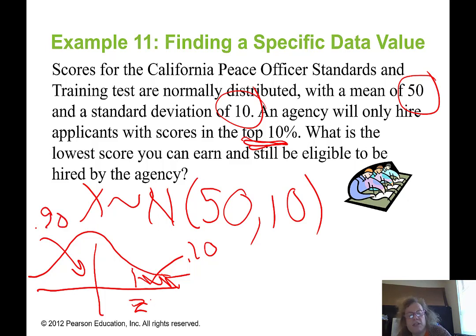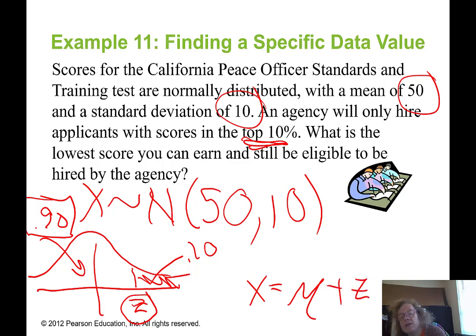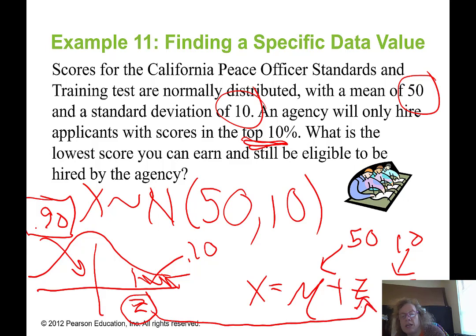So we're looking for the z-score such that the cumulative probability below it is 0.90. Once we have that, then we know what we need to do. We're going to transform using x equals mu plus z sigma. We know our sigma is 10. We know our mu is 50. So we just need to have that z-score that we get from that distribution to plug in, and we'll be all set.